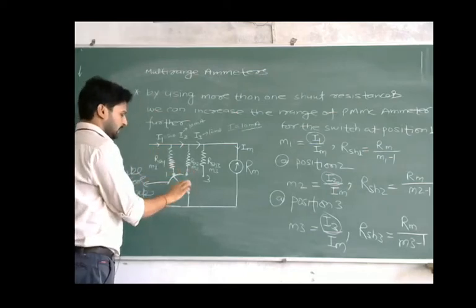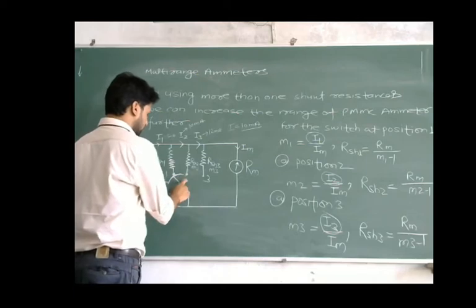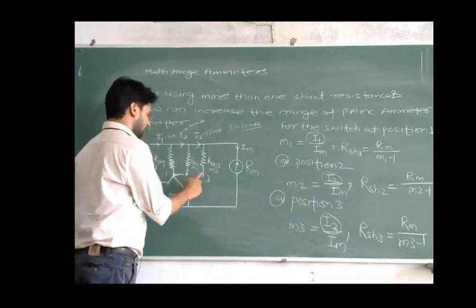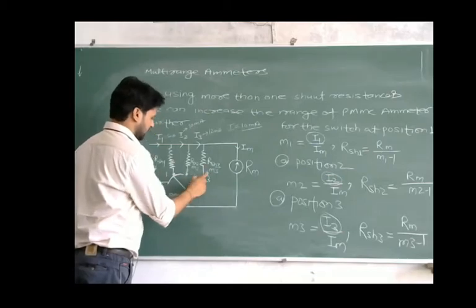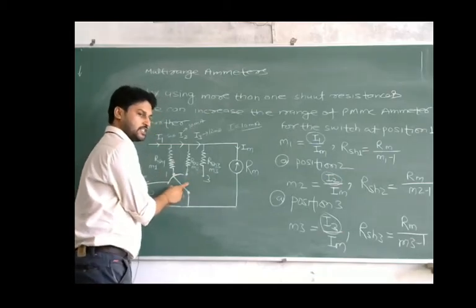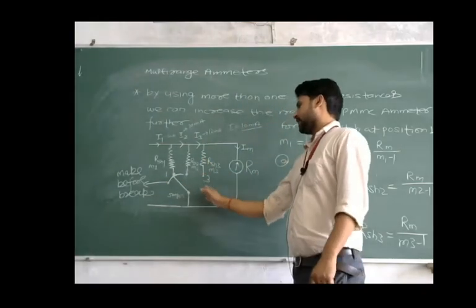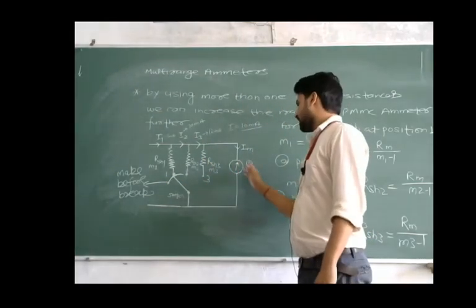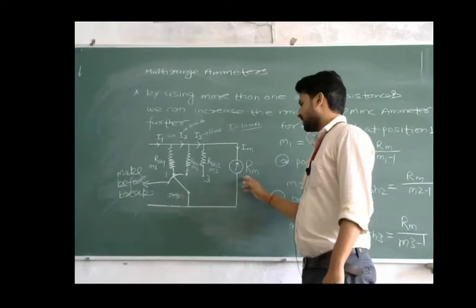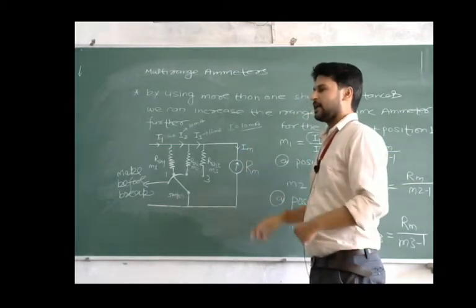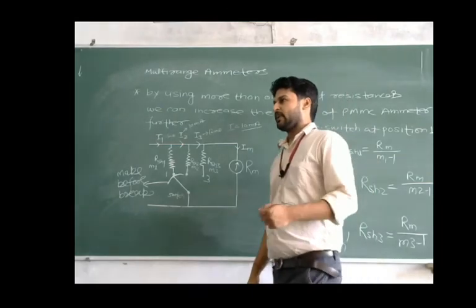In the same way, when we move the switch from position 2 to position 3, this switch will make the connection with position 3 before leaving position 2. In this way, the shunt is always connected across the PMMC instrument, protecting the instrument from large values of current.